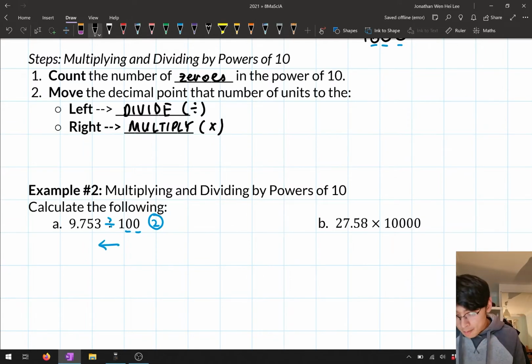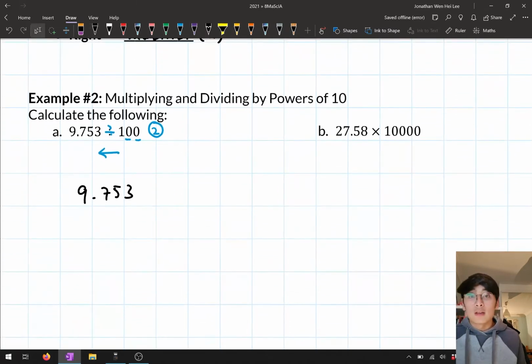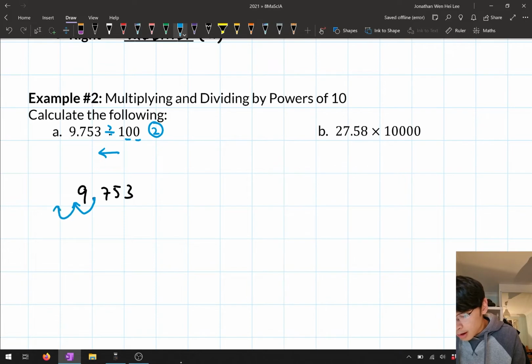So here, I'm just going to write out my number, 9.753. I'm going to move the decimal point to the left twice. I'm going to draw a little curly arrow. So I'm going to move it once, and then I'm going to move it twice. And so the decimal point is now going to go here. Now notice there is one arrow. This first arrow just moves it to the left of the 9. And then we've moved it again and there's this little gap here.